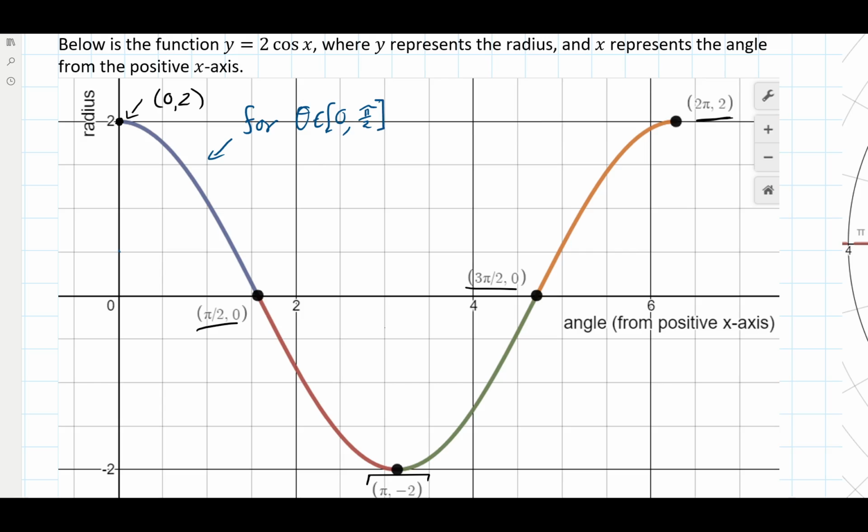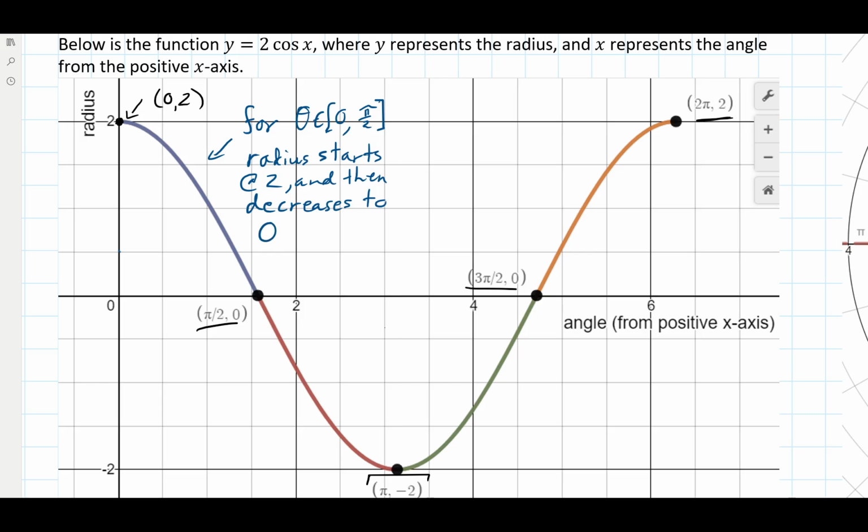Well, the radius starts off as big as it's ever going to get, and then it decreases, and it's always decreasing. So the radius starts at 2 and then decreases eventually to 0, as the angle increases, as it sweeps out.